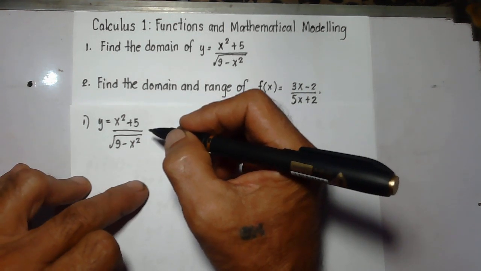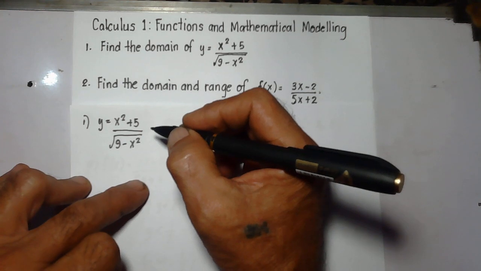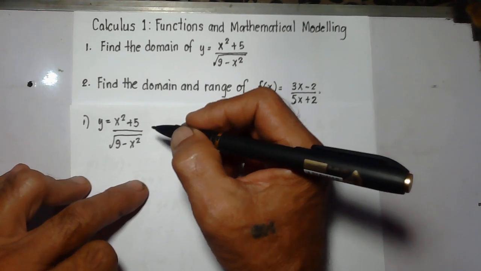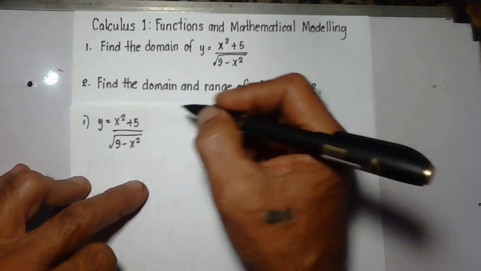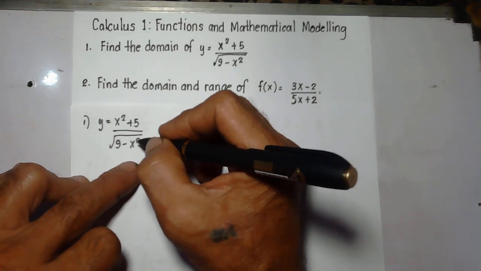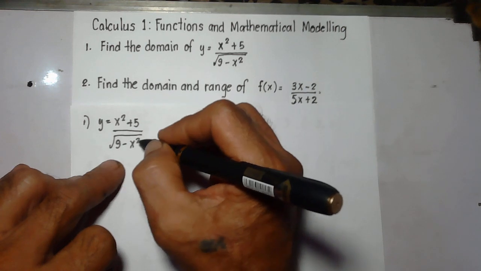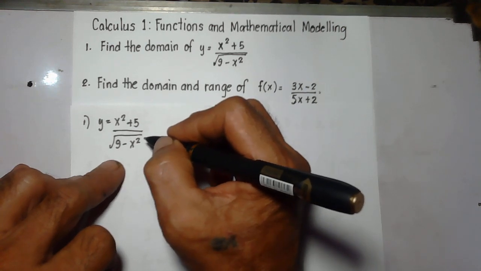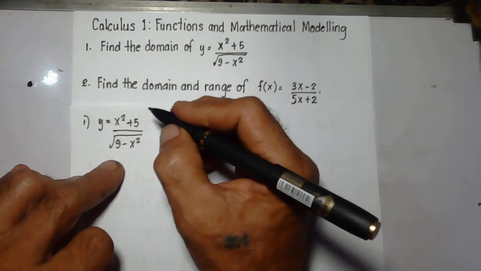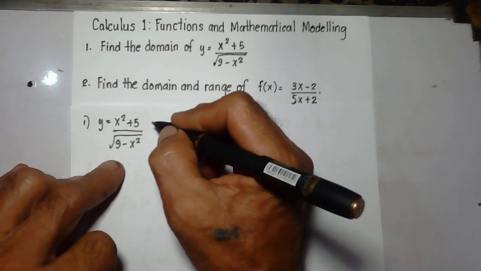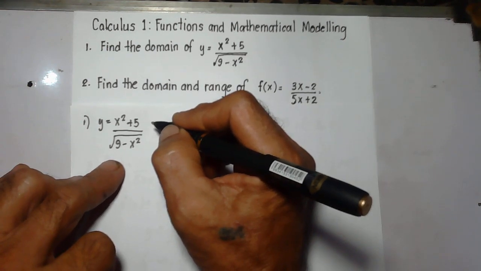Also, we cannot assign numbers greater than positive 3 for x here because the denominator, which is a radical in radical notation, will become an imaginary number.